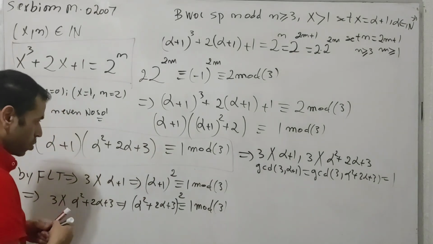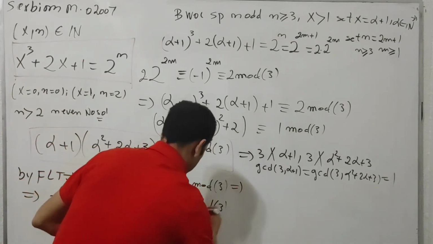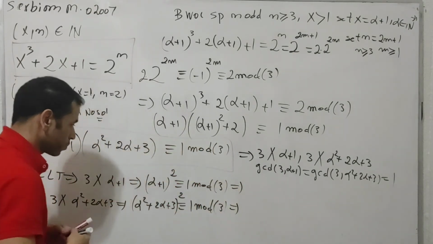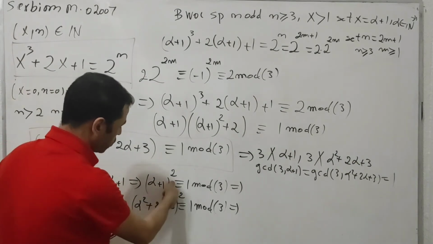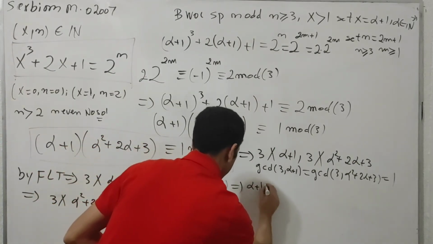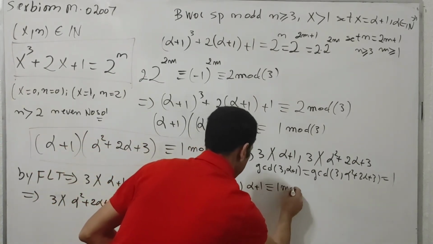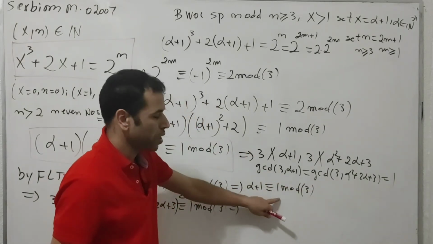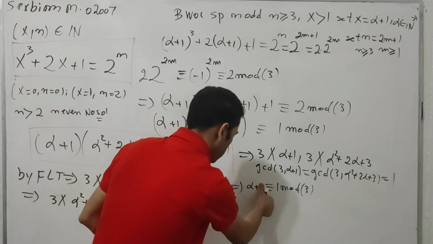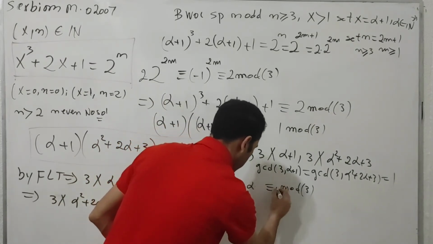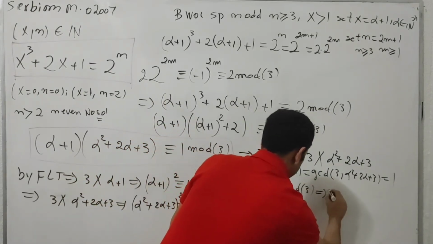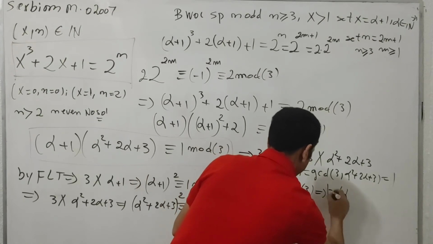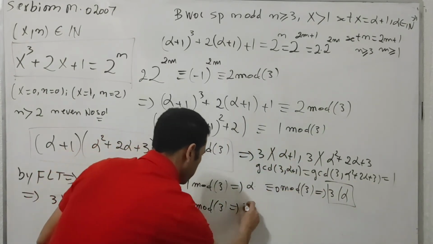Okay, so what I'm going to do now, by taking off this exponent, I will have alpha plus 1 is congruent to 1 mod 3. Number 1 will be cancelled out from both sides. I will have 0 here. This one is telling us 3 divides alpha. I will have the same thing here.